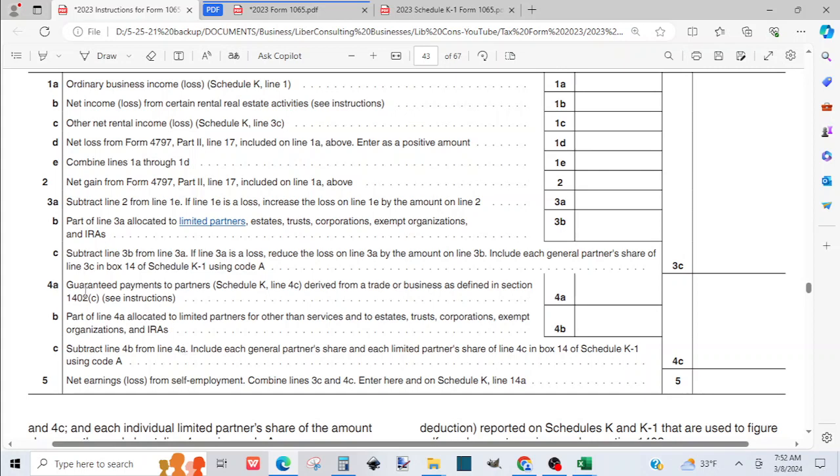Line 4A is guaranteed payment to partner, limited and general, and part of line A allocated to limited partners is this one. So they are taking 4A minus 4B to find 4C, and then they have line 3, that is include each general partner share of line C on Schedule K-1, box 14.